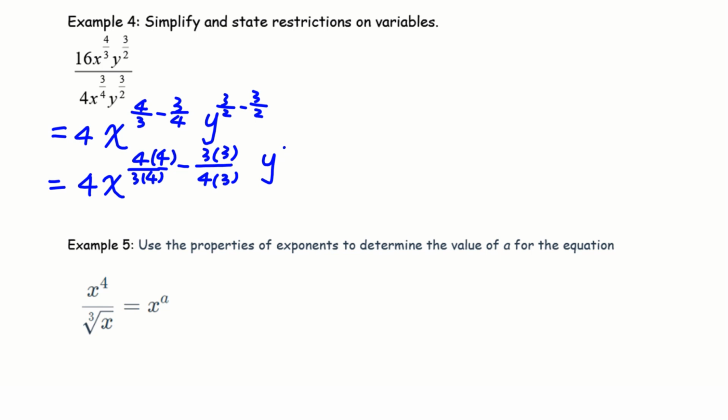And this one is y to the exponent 0. So 4 times x to the exponent, you have the same denominator 12. Then the numerator subtract 16 minus 9 give you 7. Y to the exponent 0 is 1. So that is done. Okay.